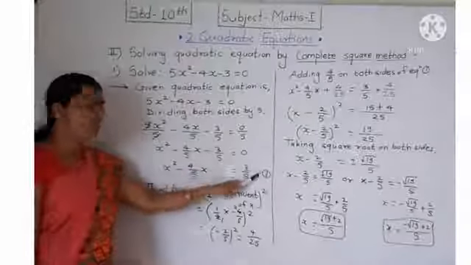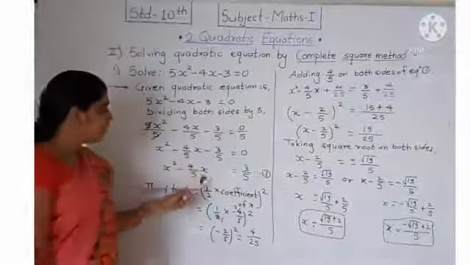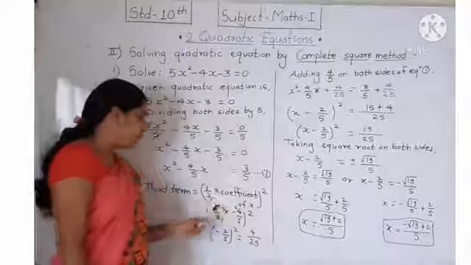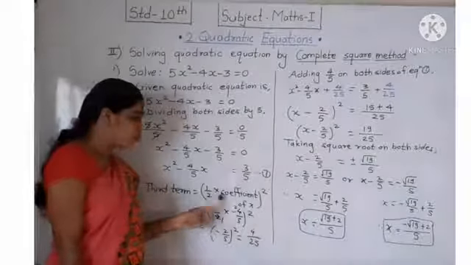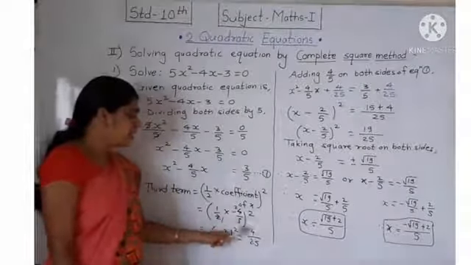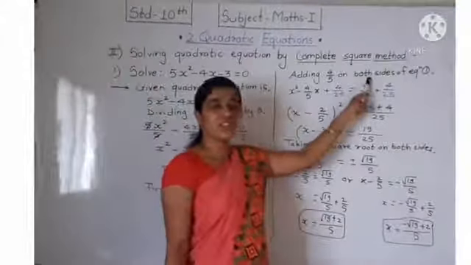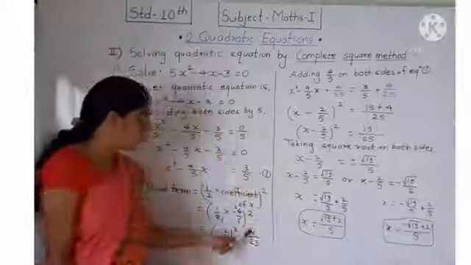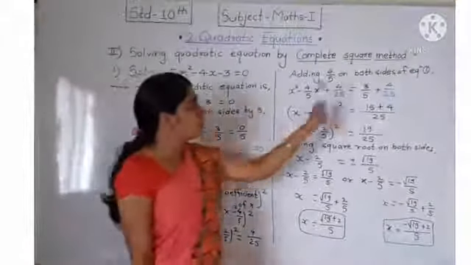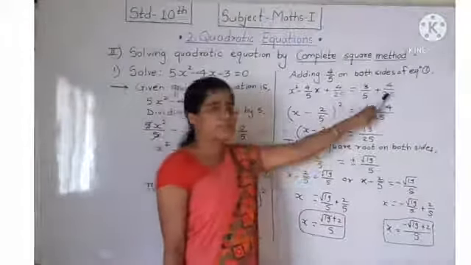Take the constant term on the RHS and find the third term by this formula: half into coefficient of x, bracket square. Add this third term to both sides of the equation. To balance the equation, we add 4 upon 25 on both sides.